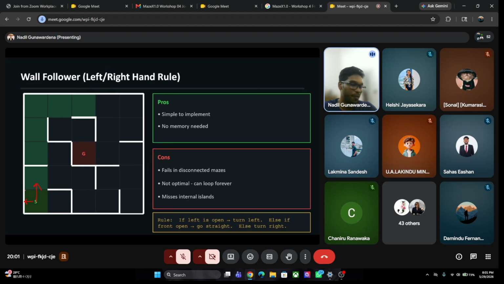Touching a wall, you cannot get your hand away from that wall. You have to touch a wall every time that you are moving. So you just keep moving, placing your left hand on a wall. That's the entire algorithm. So in this scenario, it just moves like this, here and here, like this, right?